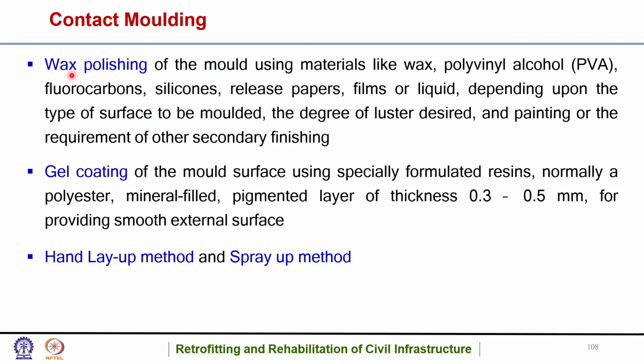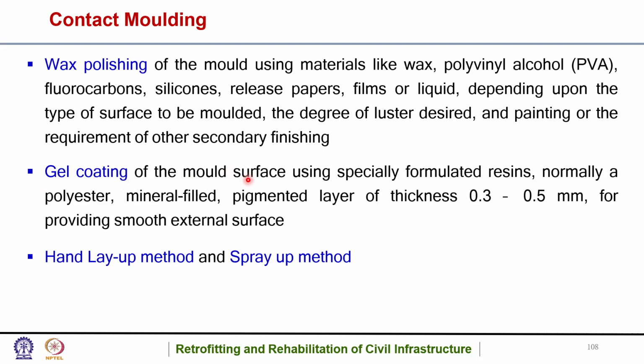So here, wax polishing of the mold using materials like wax, polyvinyl alcohol, PVA, fluorocarbons, silicones, then release papers, films, or liquid, depending upon the type of surface to be molded, the degree of luster desired, and painting or the requirement of other secondary finishing.